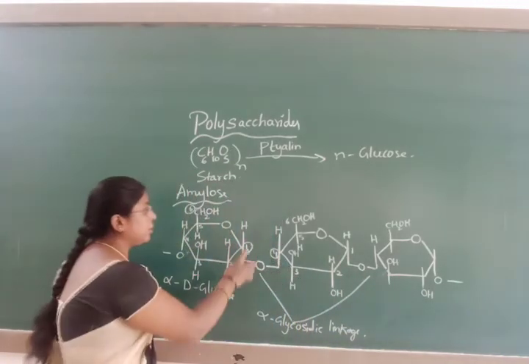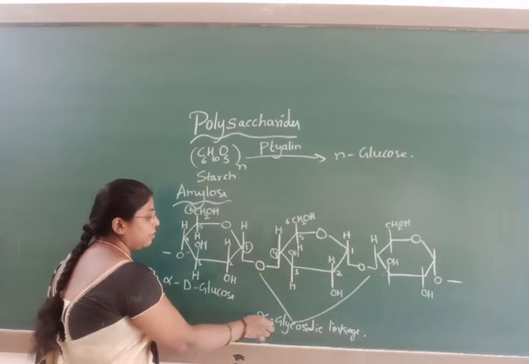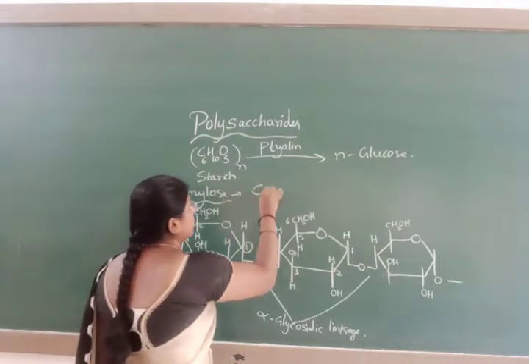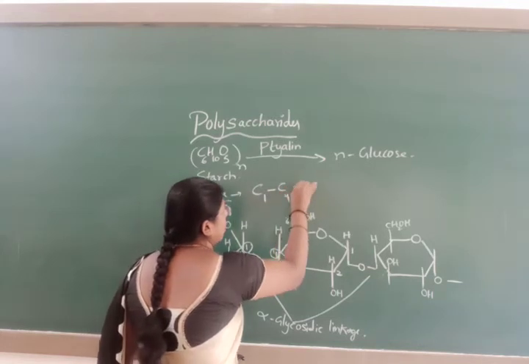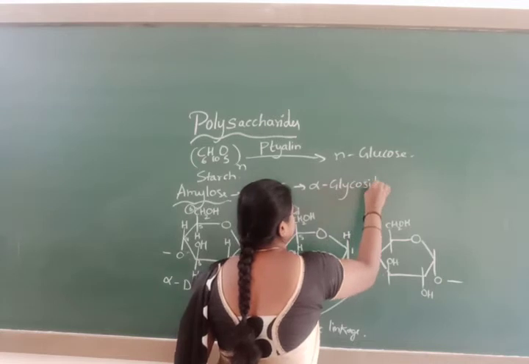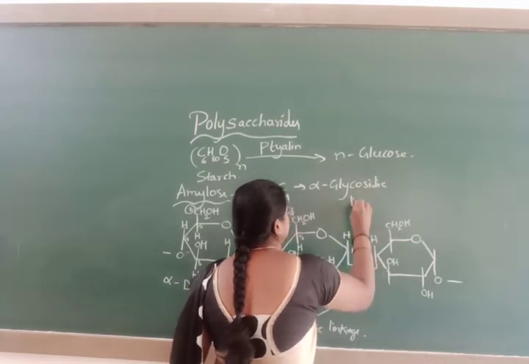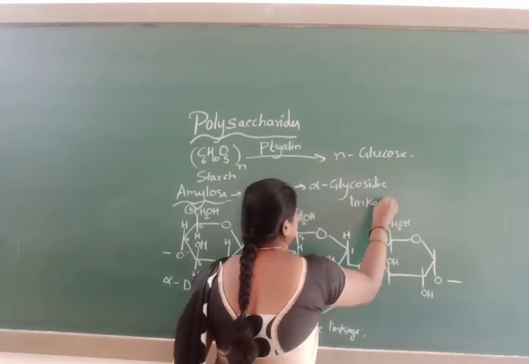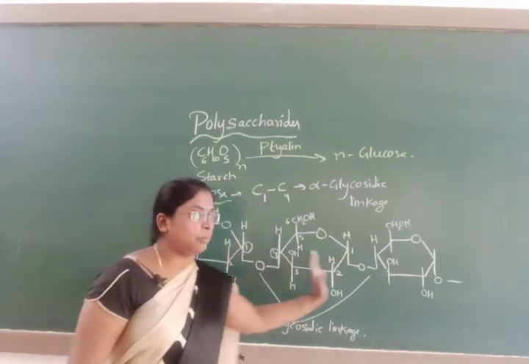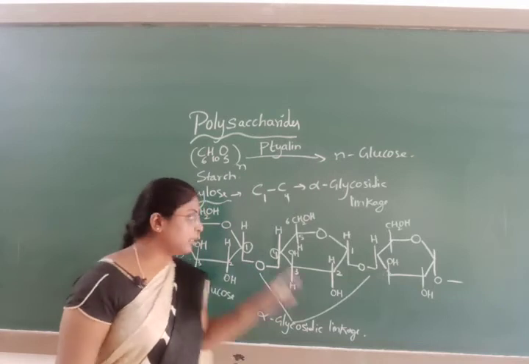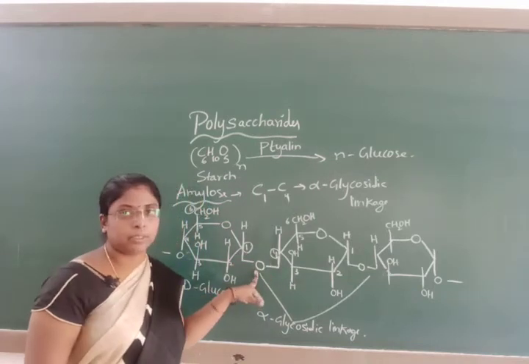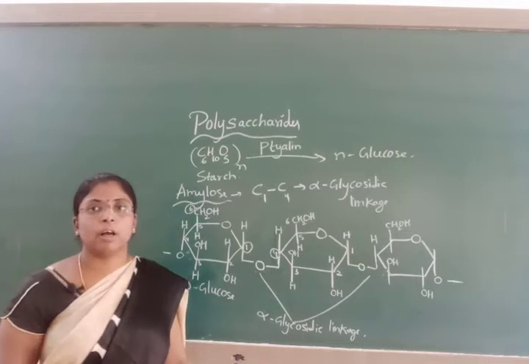They are joined together by C1C4 alpha glycosidic linkage. Amylose is a linear chain polymer, n number of alpha glucose units joined by C1C4 alpha glycosidic linkage. This is the structure for amylose.